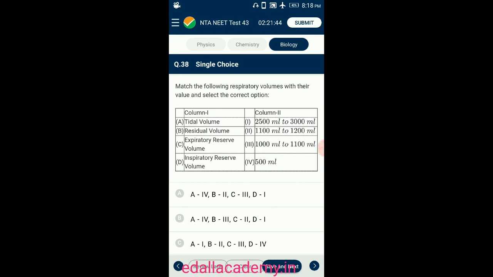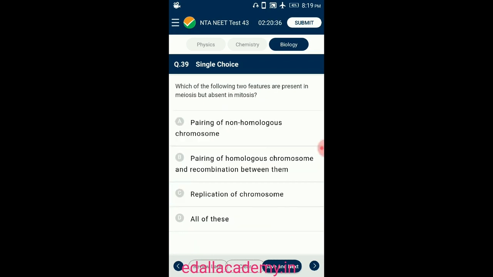Expiratory reserve volume is the additional volume of air that a person can expire by forcible expiration. It is about 1000 ml to 1100 ml. The residual volume is the amount of air which is left in the lungs after fully exhaling. It is about 1100 to 1200 ml. So the correct option is option A.